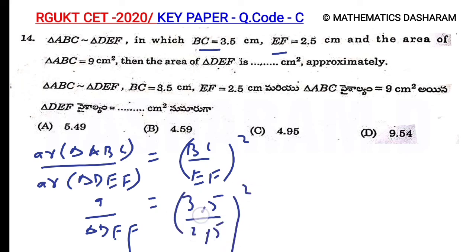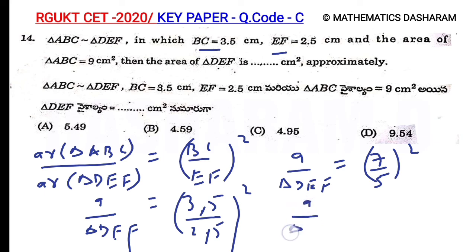So here we can cancel the decimal point. So 9 divided by triangle DEF equals 35 by 25, 5 sevens are 35, 5 5s are 25, whole square. So 9 divided by triangle DEF is equal to 7 square 49, 5 square 25.